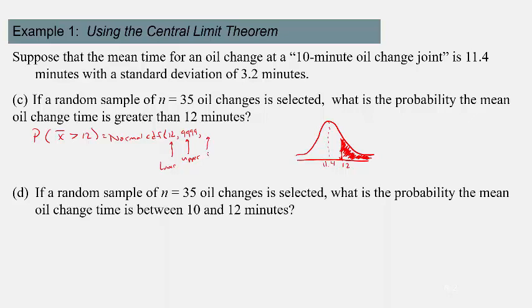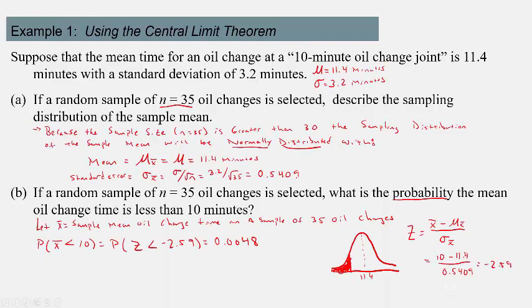The next thing you're going to put in is the mean, which is going to be mu sub x bar, which was 11.4. And then the next thing you're going to put in is the standard deviation, which was sigma x bar, which was 0.5409.